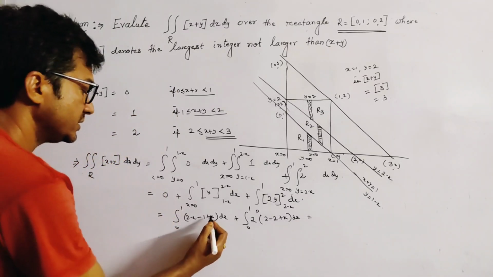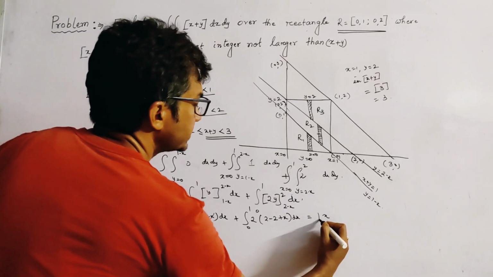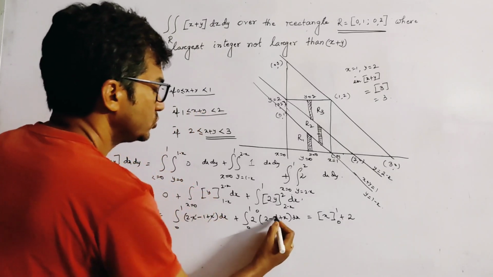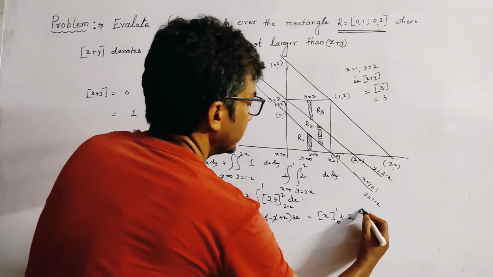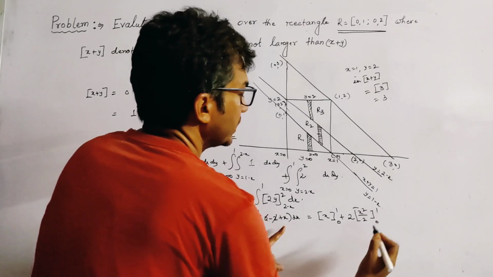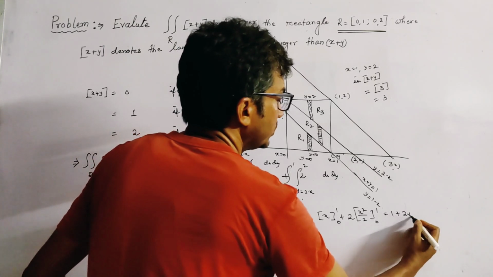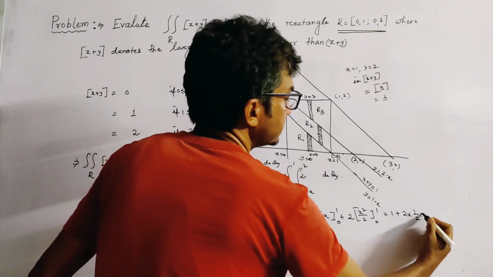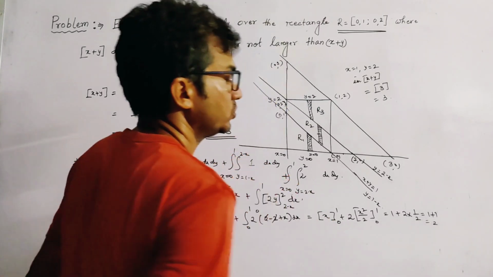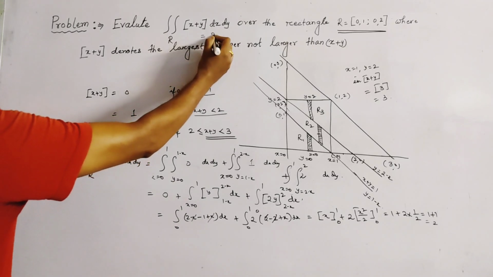The x cancels out in the first, so 1 dx, so this is x from 0 to 1, plus 2 times x squared by 2, from 0 to 1. So we get 1, and from 2 into half, this is 1. So 0 plus 1 plus 1, the value is 2. Okay, so we get the double integral, and the value of this integration is 2.